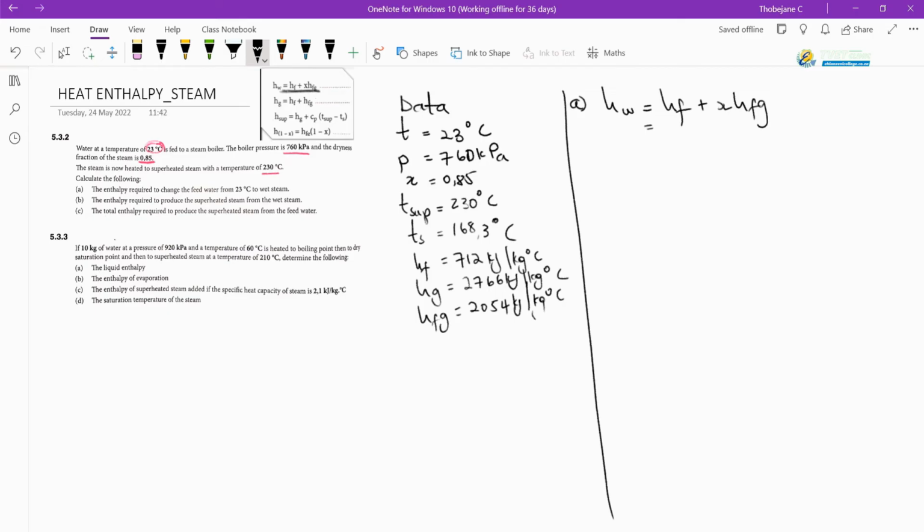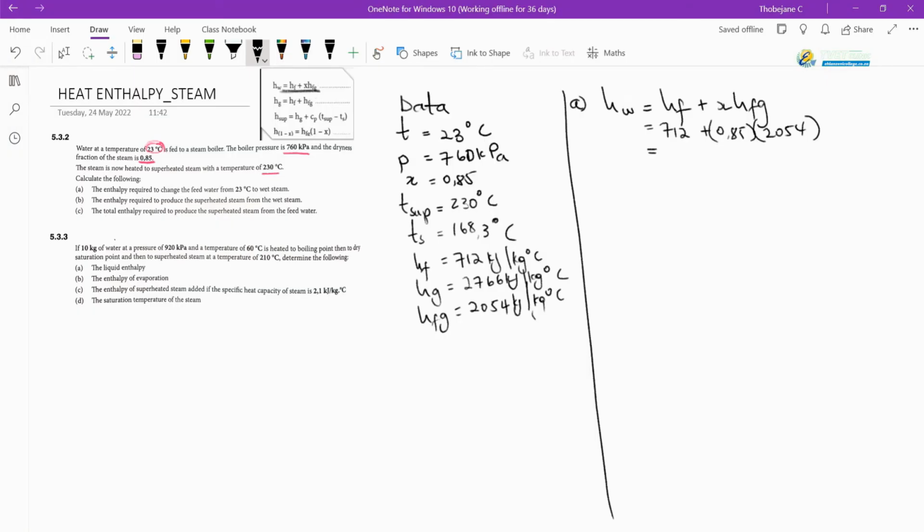So we have our HF, in this case HF is 712, plus our X is 0.85 multiplied by our HFG, which is 2054. Folks, have your calculator handy? I hope and believe you are able to use your calculator. You've been trained in mathematics on how to use your calculator from N1 and N2. There's also a chapter in mathematics N3 that shows you how to use your Casio calculator.